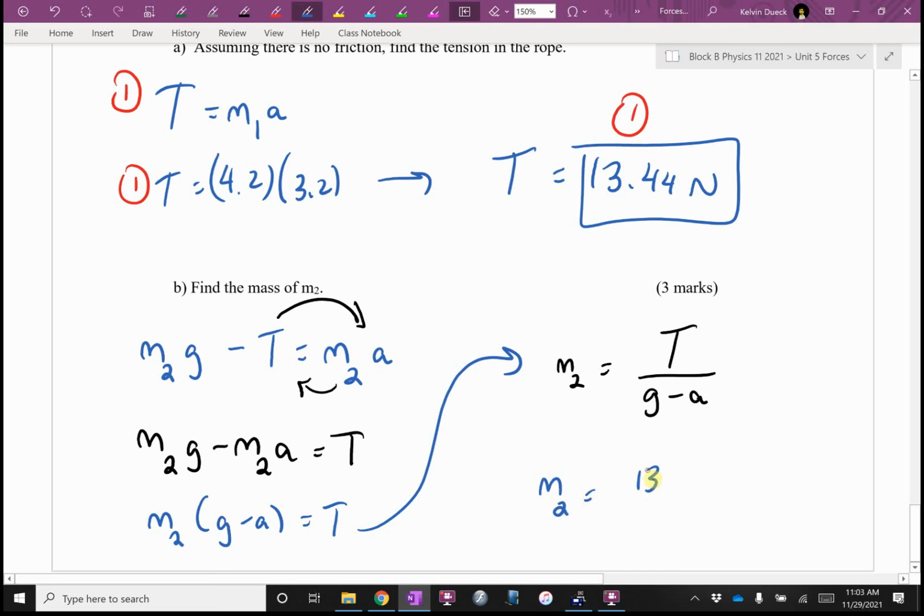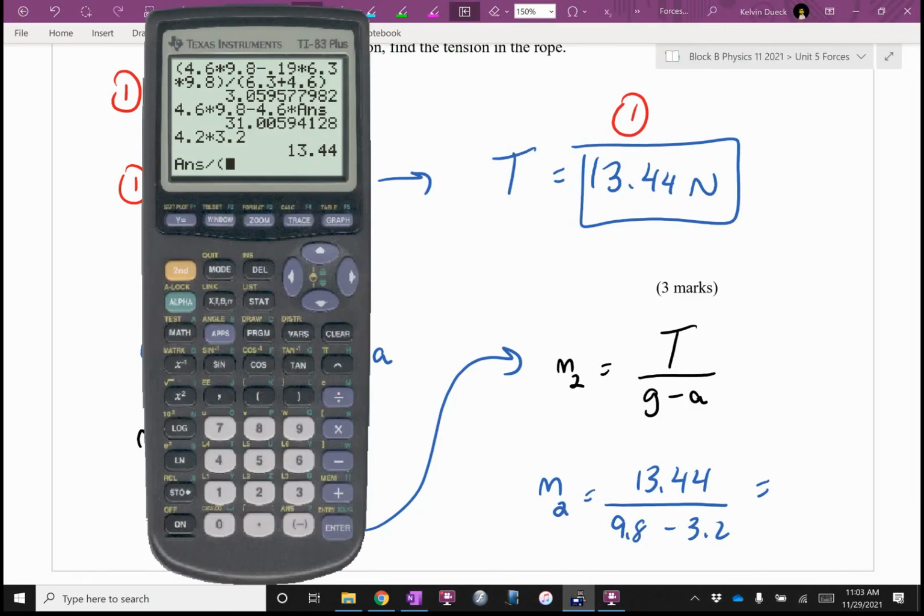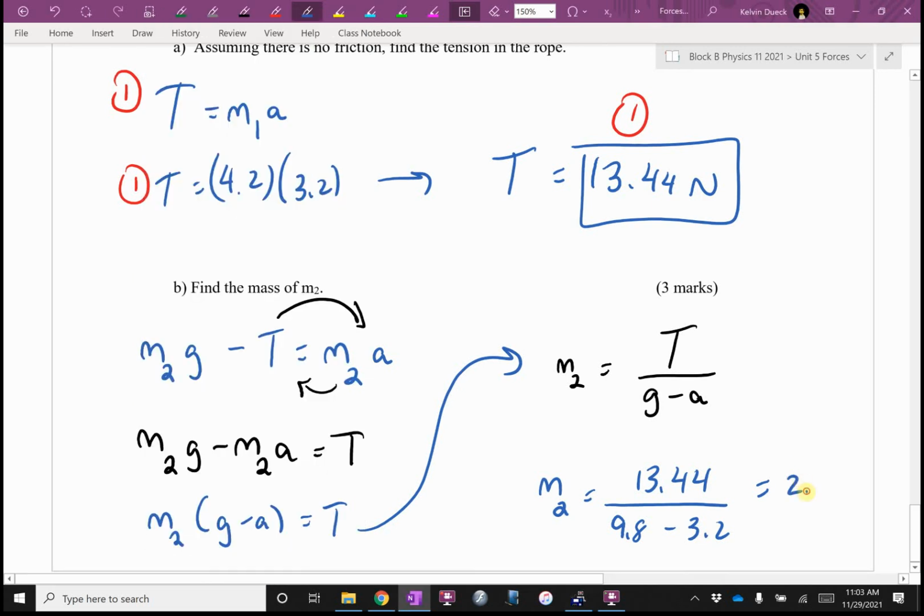M2 ends up being 13.44 divided by bracket 9.8, take away 3.2. Y'all get 2.04 if I round up properly, yes? And kilograms are the units for a mass. If you got that right, 3 out of 3.